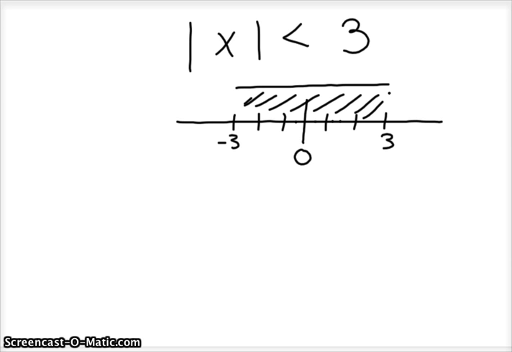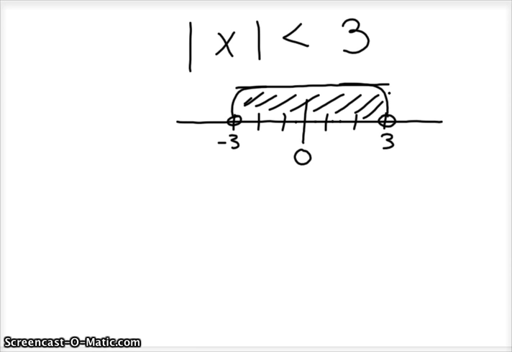The numbers that don't satisfy it would be 3, and so we'd have an open circle there, and negative 3, because it has to be less than 3. Well, 3 is not less than 3. 3 is equal to 3. So in that case, 3 and negative 3 don't count.